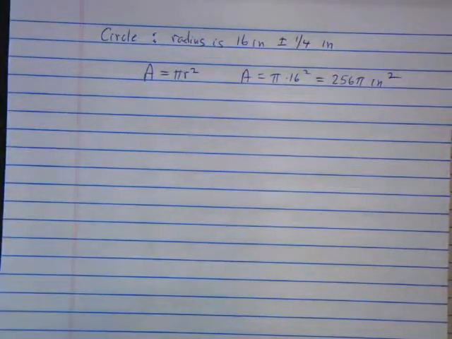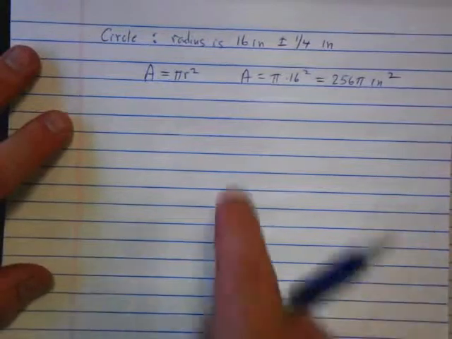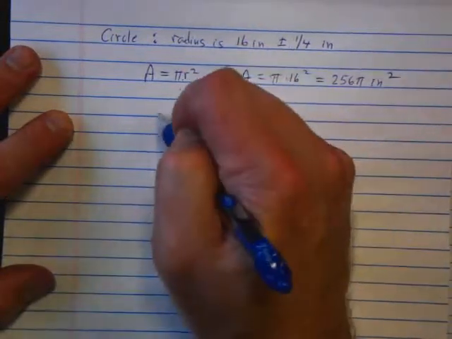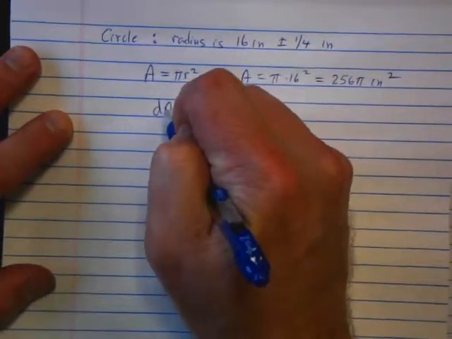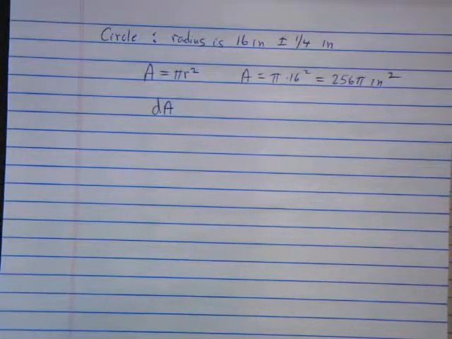So assuming you could cut your radius at exactly 16 inches, the area of your circle should be 256 pi square inches. But we can't cut it exactly 16 inches. Our machine is only accurate to a quarter of an inch. So what we want to know is how far off the area is, the potential change in the area.